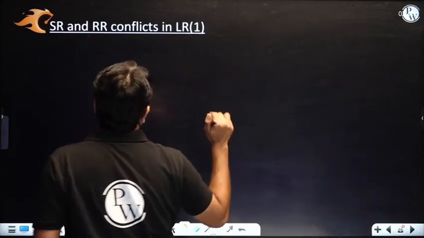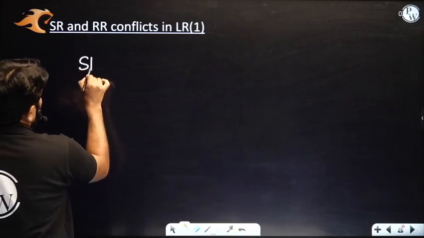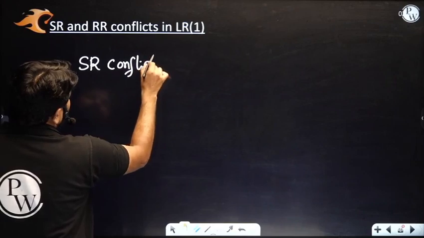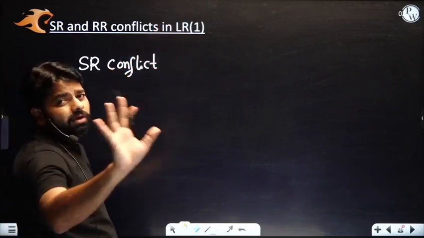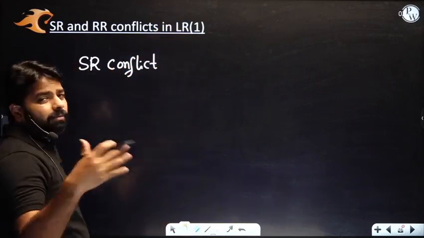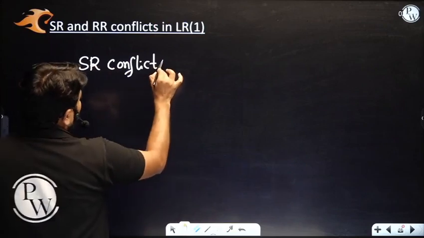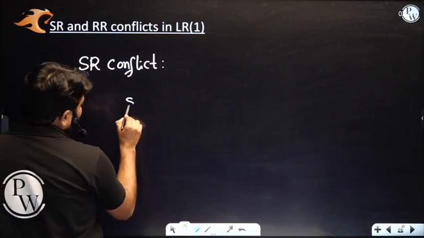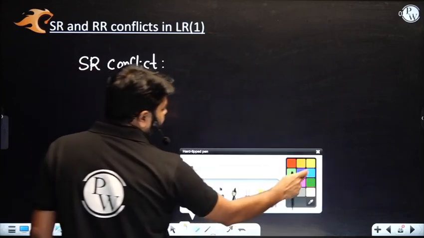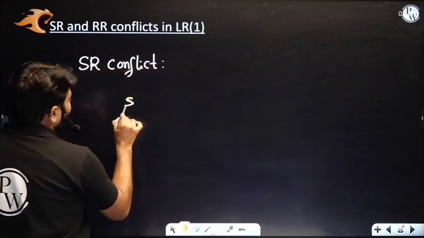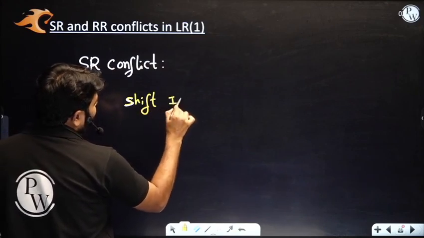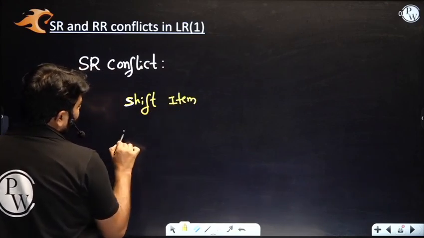Conflicts in LR1. If you see an SR conflict in CLR1, even LALR1 has the same rule, but the diagram only may differ sometimes. SR conflict, how do you check? You have a shift item, S means shift item, and you have a reduced item.